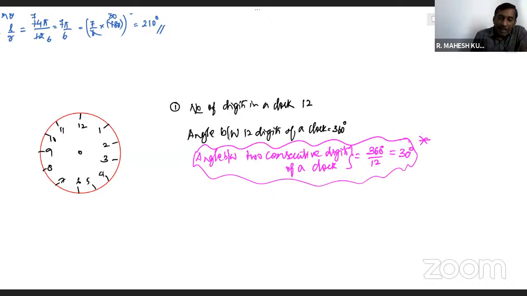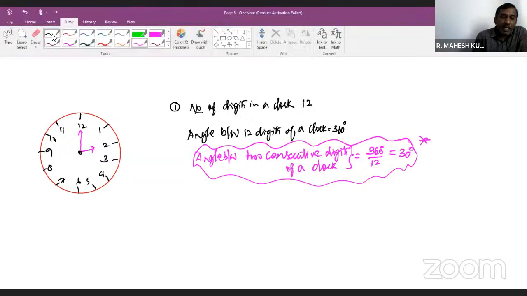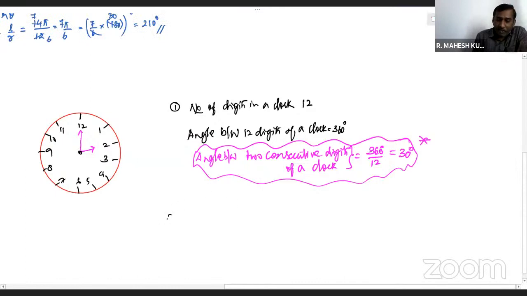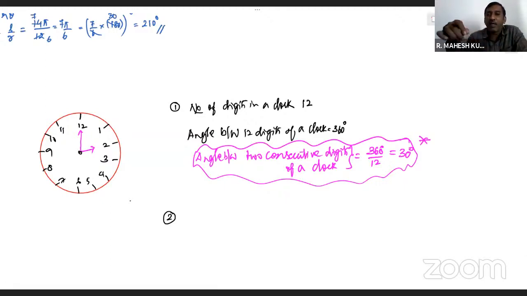So now I am going to take the hour hand. Look at the hour hand, it is the short hand, right? This short hand is going to be the hour hand. Now you can observe the time taken by the hour hand. The time taken by the hour hand to complete one circle is always 12 hours. In 12 hours the hour hand makes one complete round.